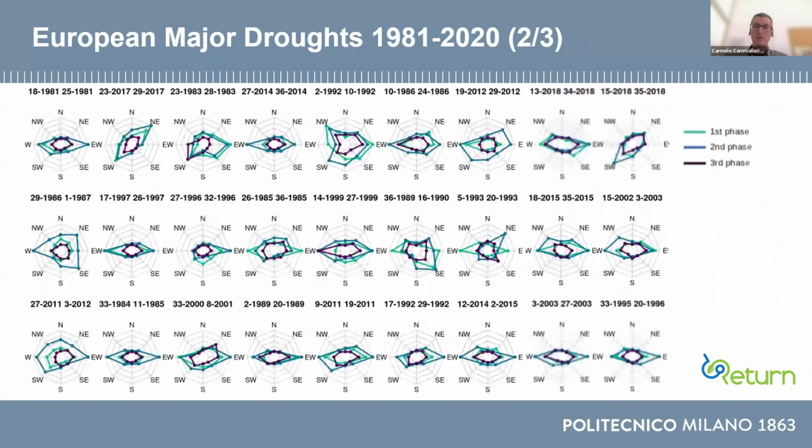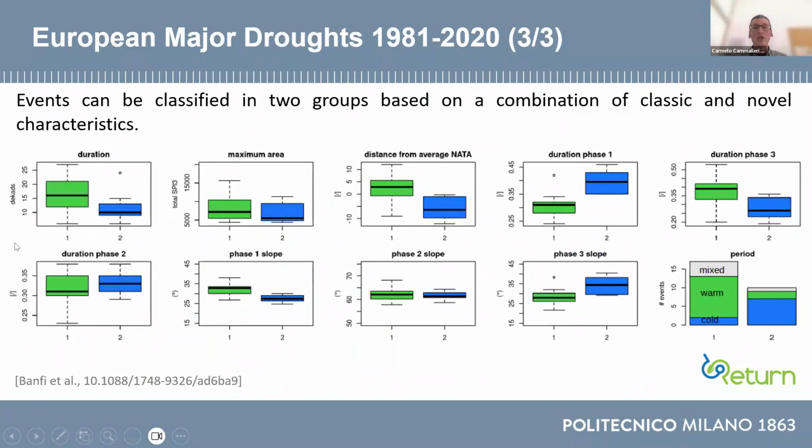And from this data, we can build plots like this, which give us information for different phases of the drought, early part, central part, or end of the drought: what are the prevalent directions of expansion? For instance, for those 30 major droughts in Europe, we can see how there are some common features, like a predominance of expansion in the east-west direction. You can see mostly these plots are elongated along this direction. And we can also classify drought based on those characteristics.